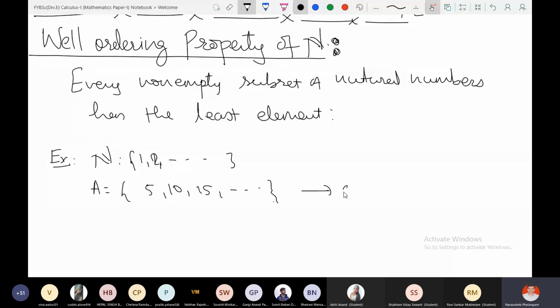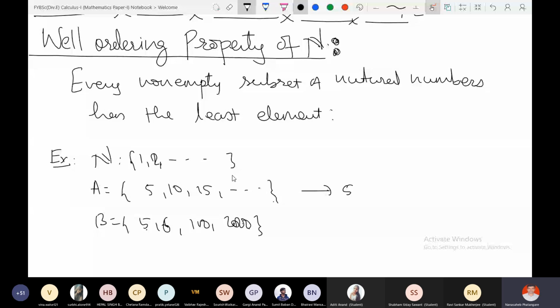You take any subset of natural numbers, the least element definitely exists, but the largest element does not necessarily exist. If you look at the set 5, 6, 100, 2000, this set has a least element, and the largest element also exists, which is 2000. So we are not sure about the largest element, but what does least mean?